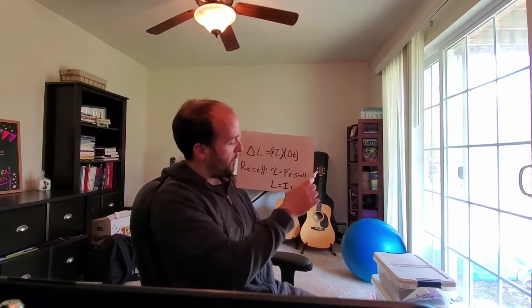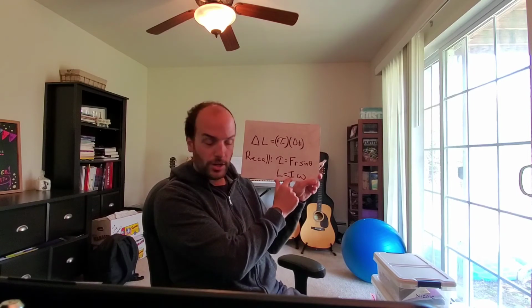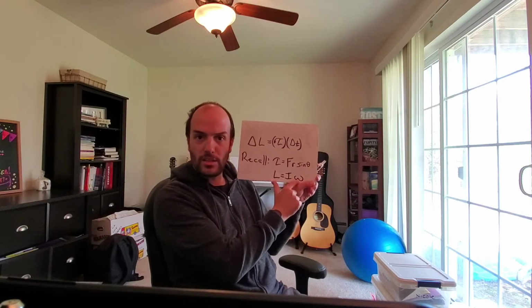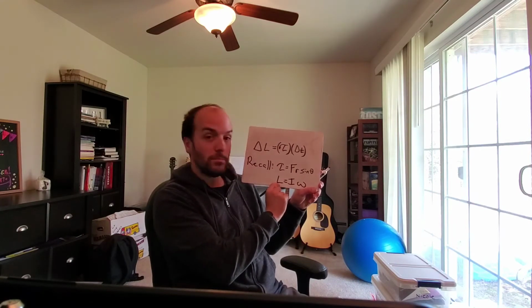Another thing we can recall is the equation for angular momentum itself, I times omega. So we have angular momentum equals that rotational inertia times angular velocity. If I change my angular velocity, I'll be changing my momentum.